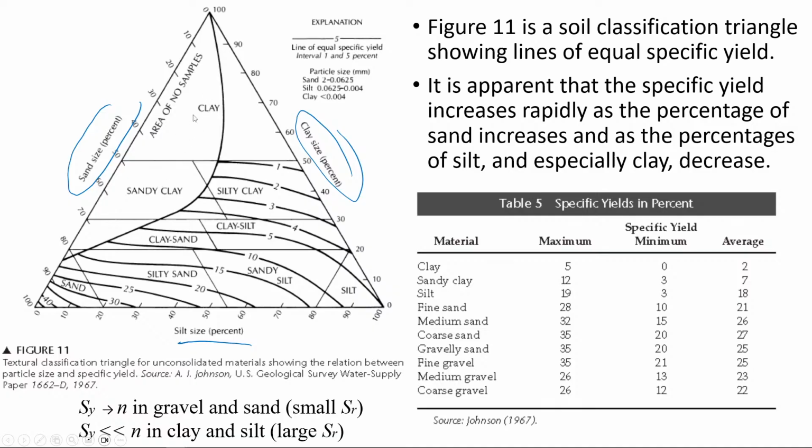If you are looking at the clay size in percentage, this is the clay. The sand is a very small amount, and most of it would be silt and clay.